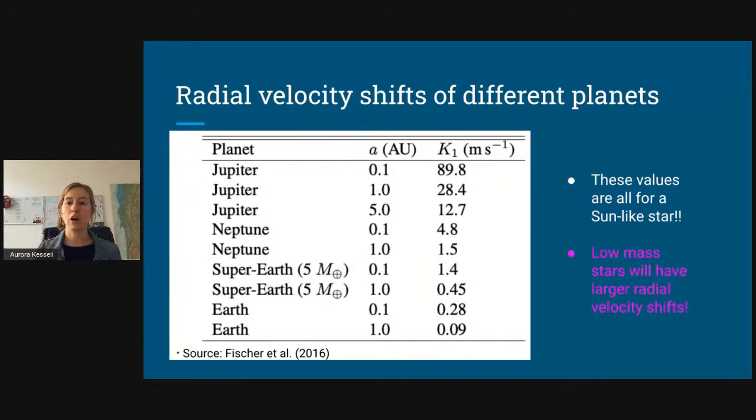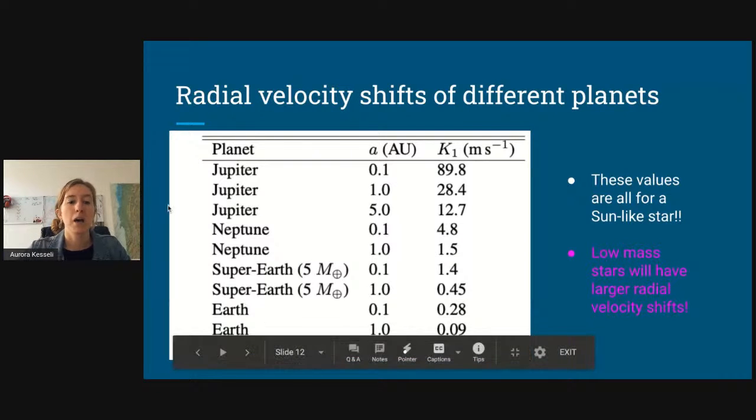So now that we've gone through what radial velocity measurements entail and what information you can get out of radial velocities, I thought we would talk about what planets give different radial velocity shifts, in order to really show you why high-resolution spectroscopy is necessary in this field.